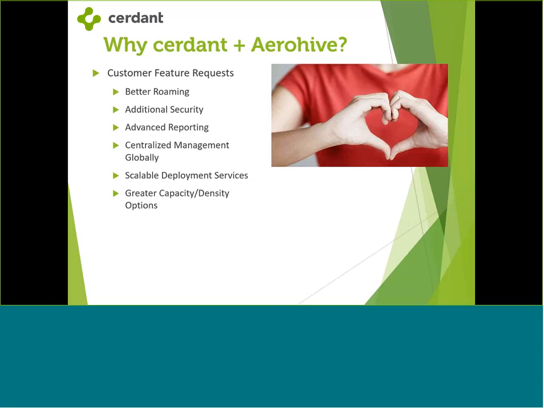Some advanced reporting tools, a centralized location to manage your APs on a global scale, scalable deployment services so you can deploy policies at multiple locations at once, and finally the ability to handle large capacities and dense areas without having a dip in productivity.